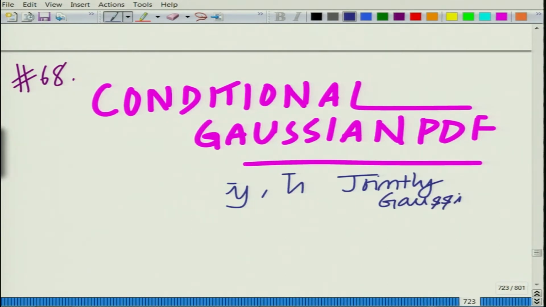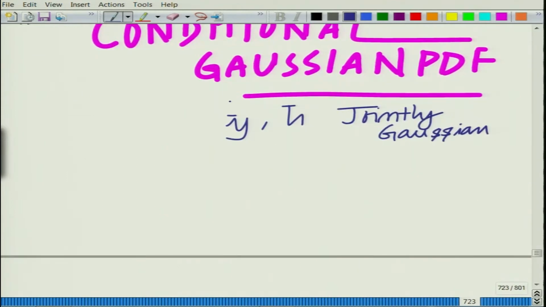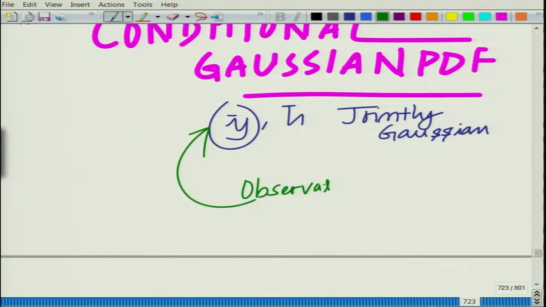Typically, we would like to consider a scenario where y bar is an observation, so we have a set of observations, and h bar is an unknown quantity to be estimated.